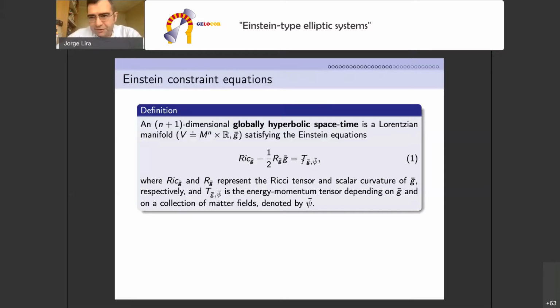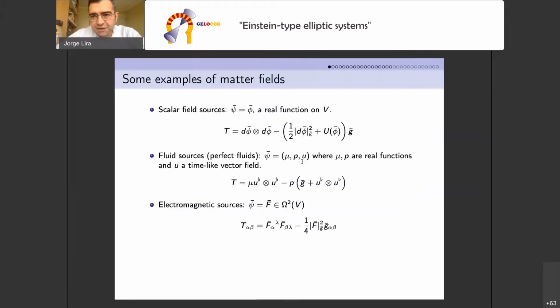Let me present some choices for T. We are considering, during this talk, the case when T is given by a charged fluid, a fluid with these physical properties: M is the mass density, P is the pressure, and the velocity of the particles in this fluid is given.